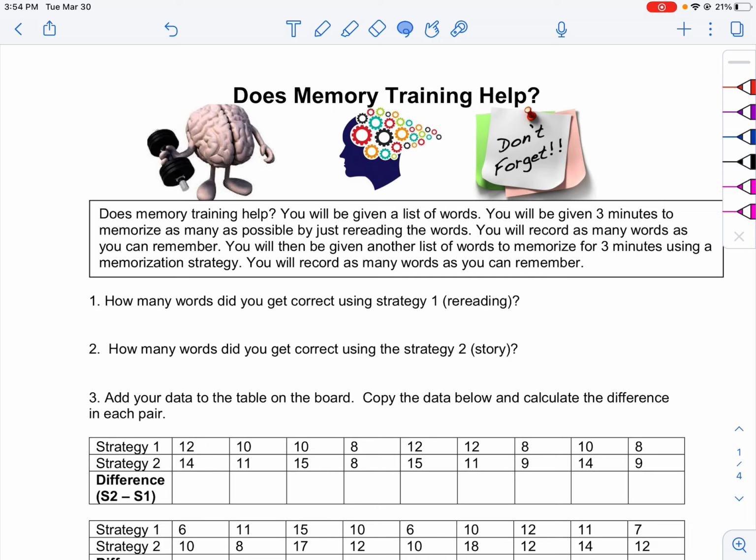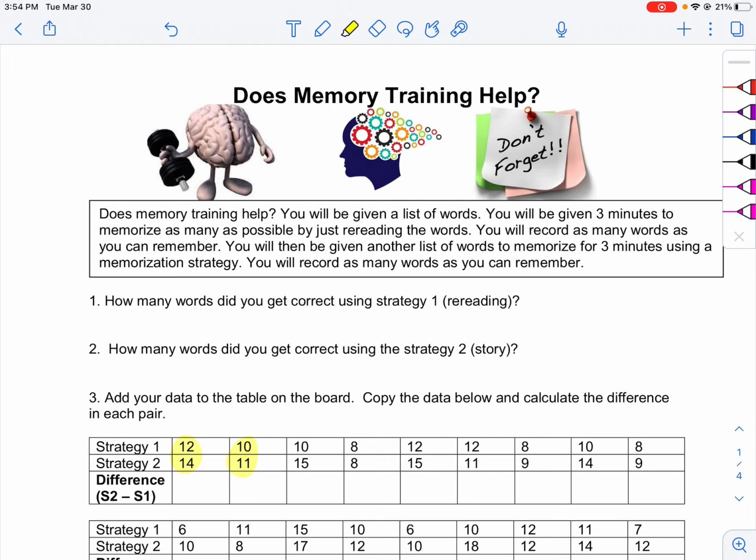Let me highlight the first example. This is one student who memorized 12 words using strategy 1 and then 14 words using strategy 2. This 10, 11 is another student who memorized 10 words with strategy 1 and then 11 words using strategy 2.